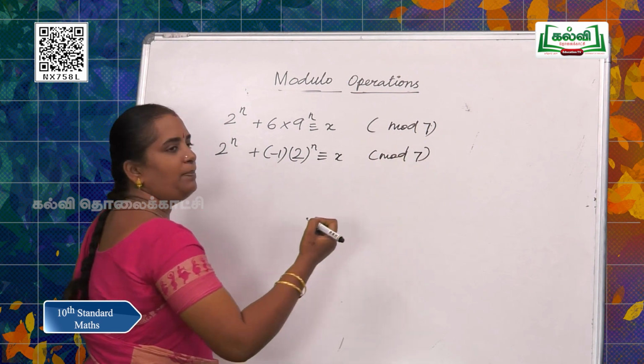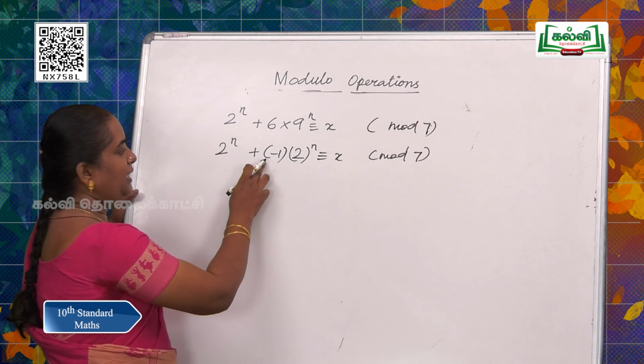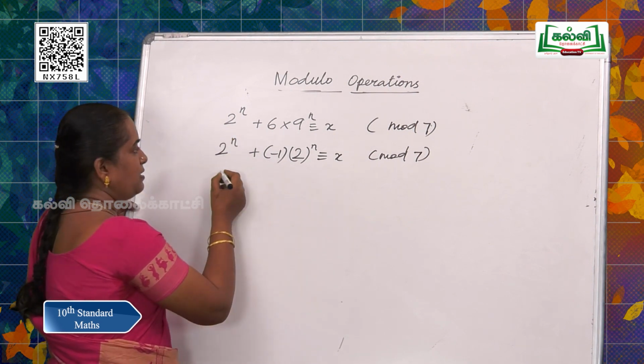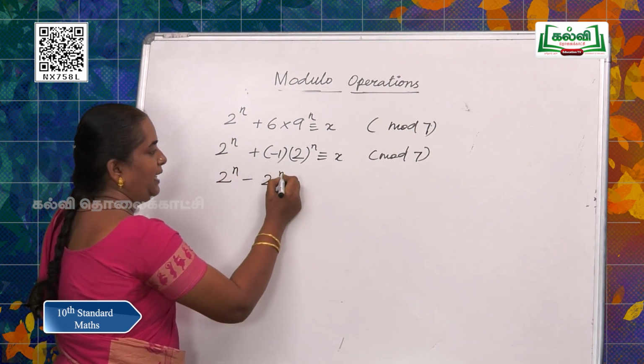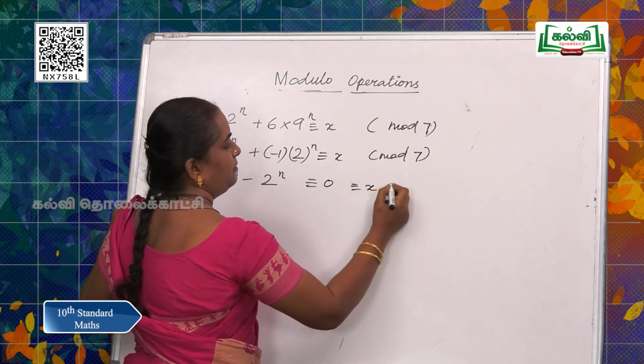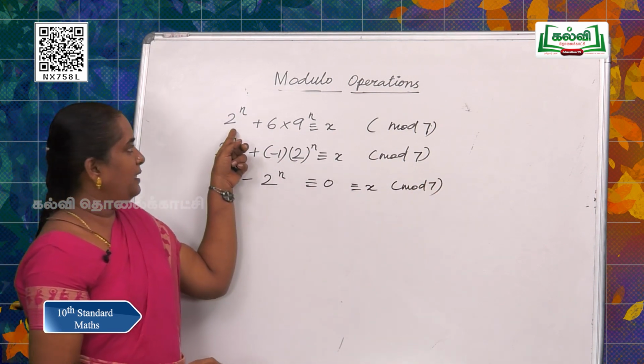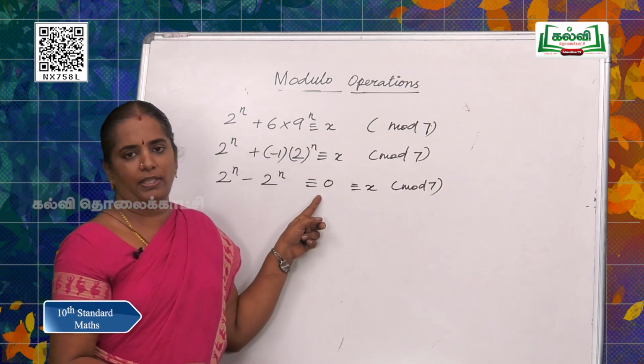So, we have just used the properties. Go and check with the properties at home. Okay. Plus into minus 1 is minus. So, 2 power n minus 2 power n. Yes, we have got the answer mod 7. So, we have proved that this is divisible by 7.